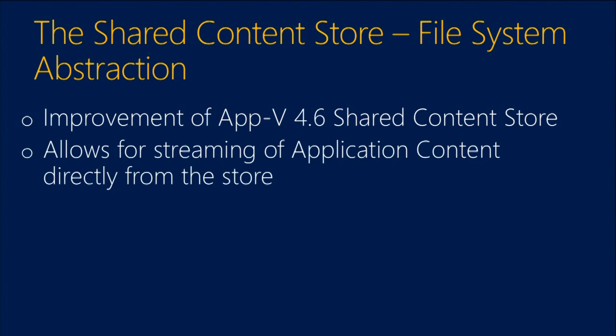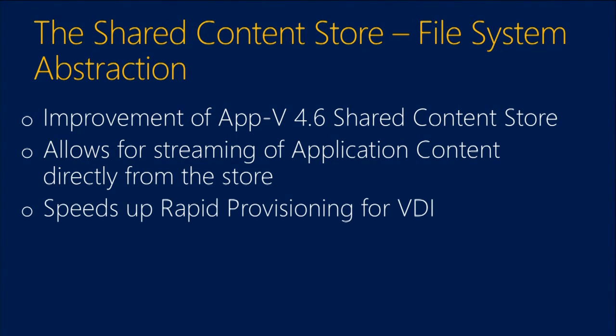So with this principle in mind, in AppV5, we developed what was called the shared content store. Now, the challenge with VDI is always rapidly provisioning the applications. In VDI, streaming the application does not necessarily make sense because you want the machine and the application made available as quickly as possible.